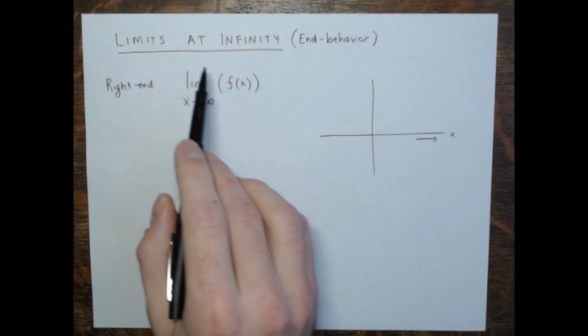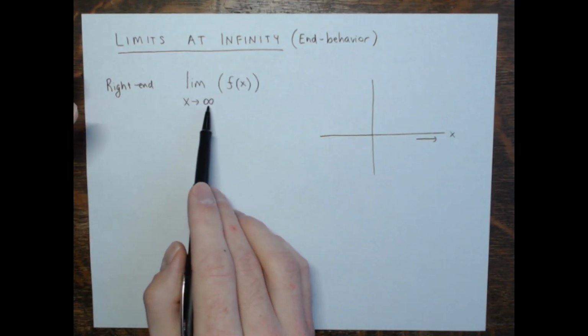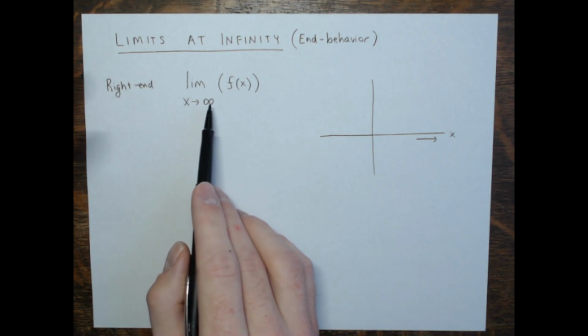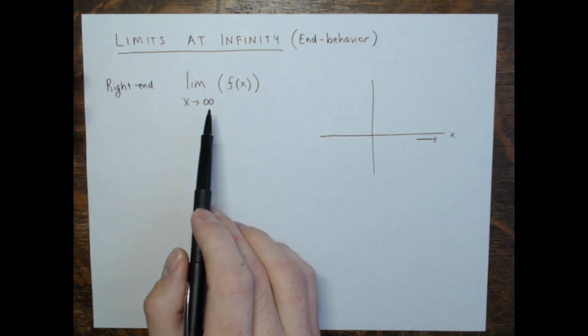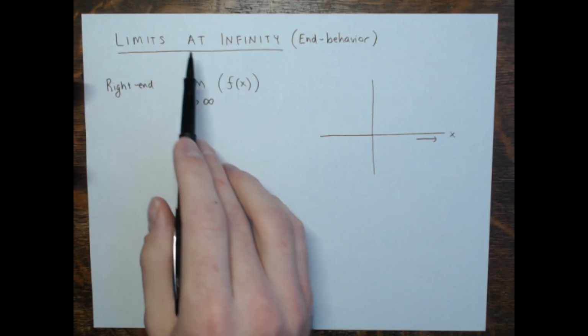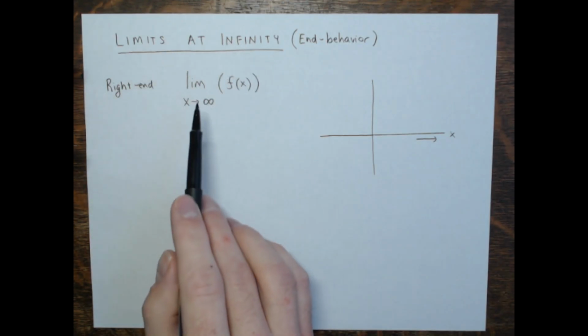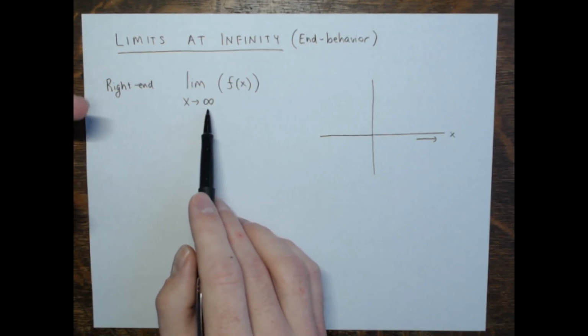This should be referred to as a limit at infinity, right? x is approaching infinity. Again, infinity is not a number, but this describes the concept of going to the right, increasing the input forever.